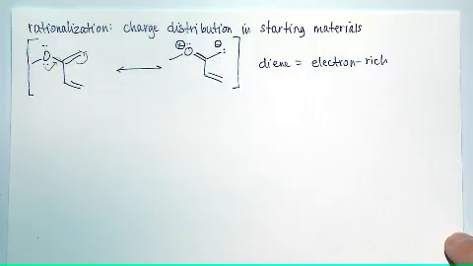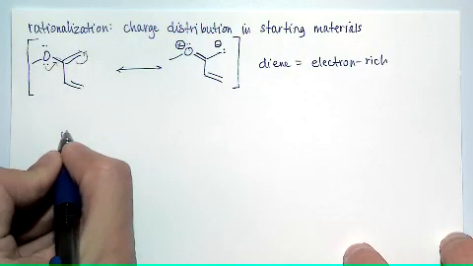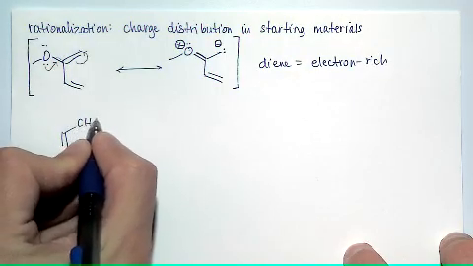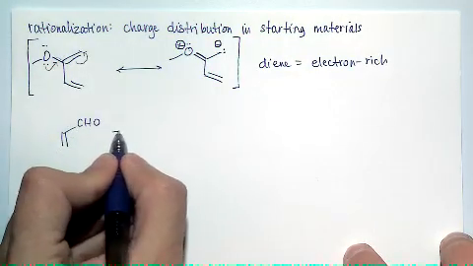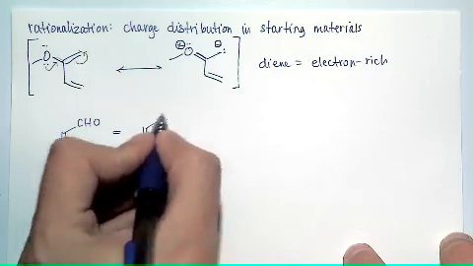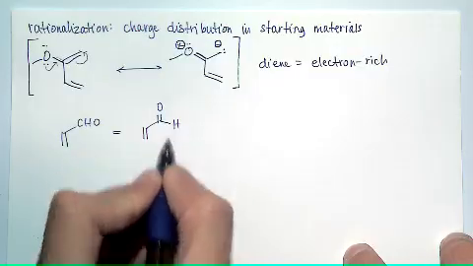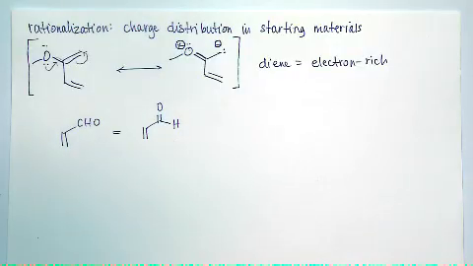Okay, let me do the dienophile, and then I think you might see what we're doing here. So the dienophile is this, but CHO we should probably draw out more explicitly as that.